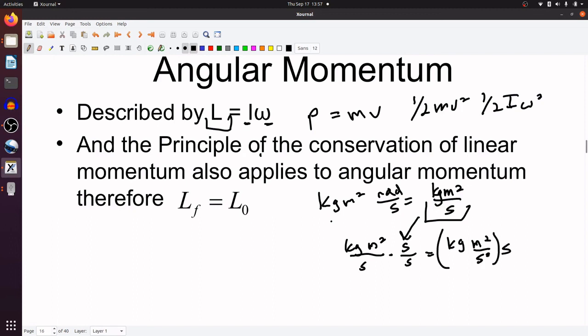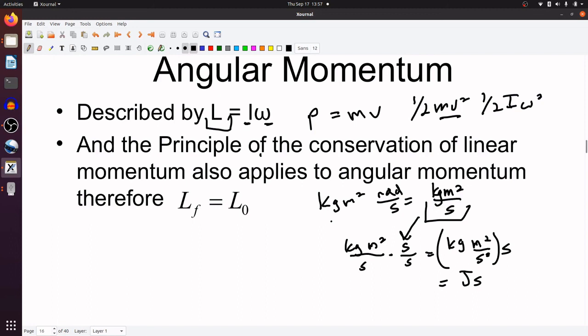And if you recall, this is mass times velocity squared, and that's a unit of joules. And so you could call it a joule second. Not the most common unit. It's usually kilogram meter squared per second, but you could express it as joule second. I suppose there's nothing really wrong with it.